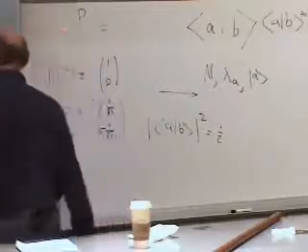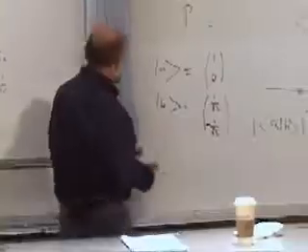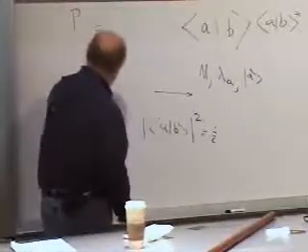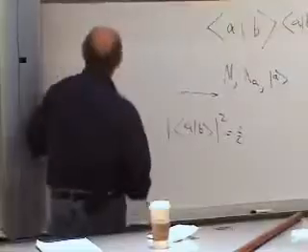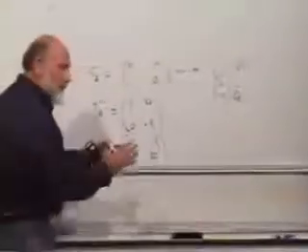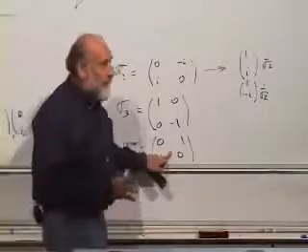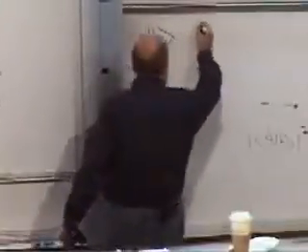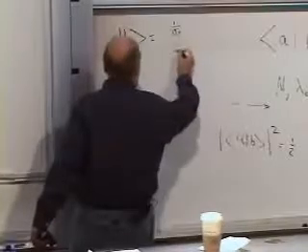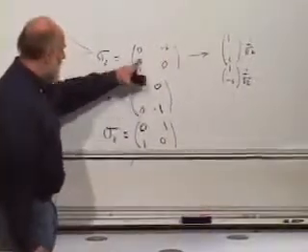Let's do a more complicated case. I've told you what the eigenvectors of sigma 2 are, so let's ask the most complicated question we can ask. What's the probability that if we prepare the state with sigma 1 equal to +1, that means B is equal to 1 over square root of 2, 1 over square root of 2, and this time we measure sigma 2, not sigma 3, but sigma 2.